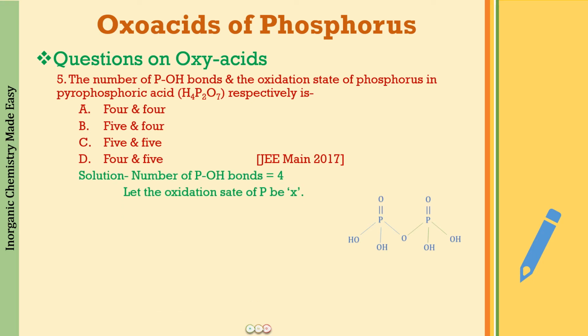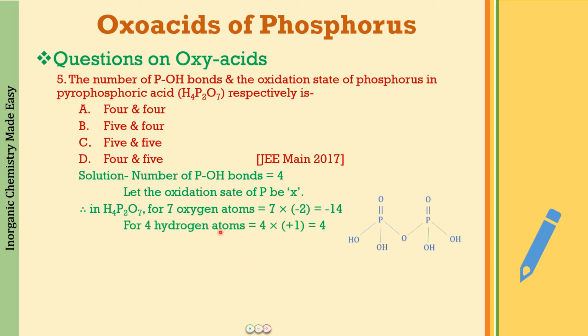The oxidation state, if I show you how we calculate it, let us revise for the students who do not know how to calculate the oxidation state. So we have the oxidation state of phosphorus, let it be X. In H4P2O7 there are 7 oxygen atoms, and each oxygen atom has an oxidation state of -2. So 7 into -2 is going to be -14. For 4 hydrogen atoms, each with +1 oxidation state, it is going to be +4.